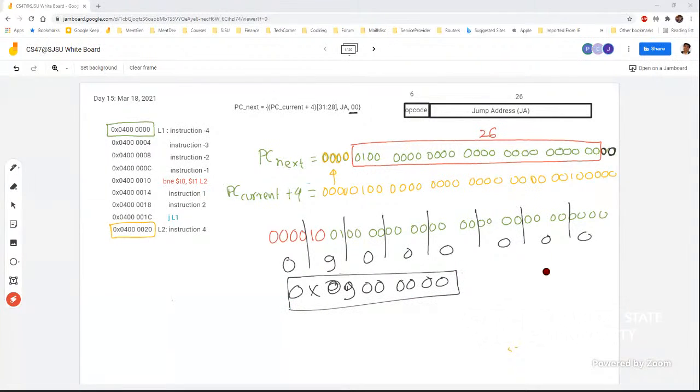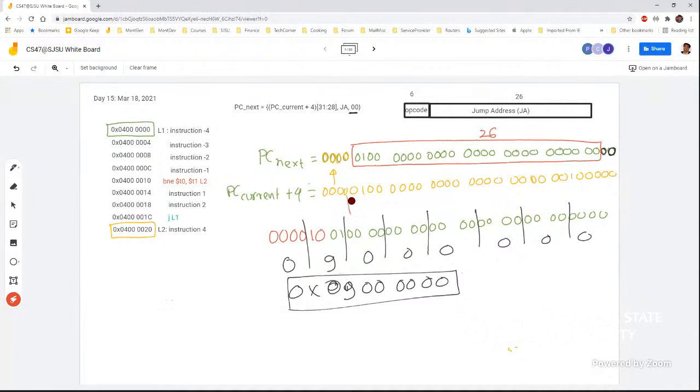So Troy, does it make sense now? How do you compute back, like if it is involved with a J? Yeah, it makes more sense. Okay, so in most of the cases, the PC current plus 4 computation doesn't make any change for the most significant 4 bits, unless your PC current is such that if you add 4, it's going to change one of these higher 4 bits.